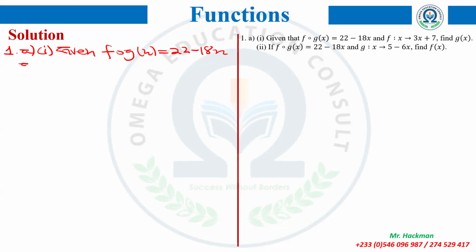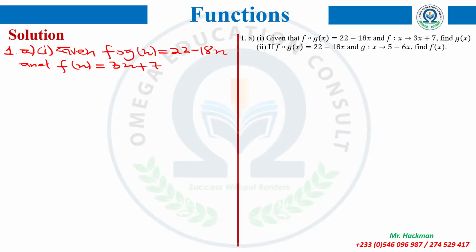And the other function, what are we given? The function came in the mapping form, but we are extracting the relation form. So f of x is equal to 3x plus 7. At this point, I need your maximum attention. First of all, check from the basic meaning of your composite function and see if you can continue.